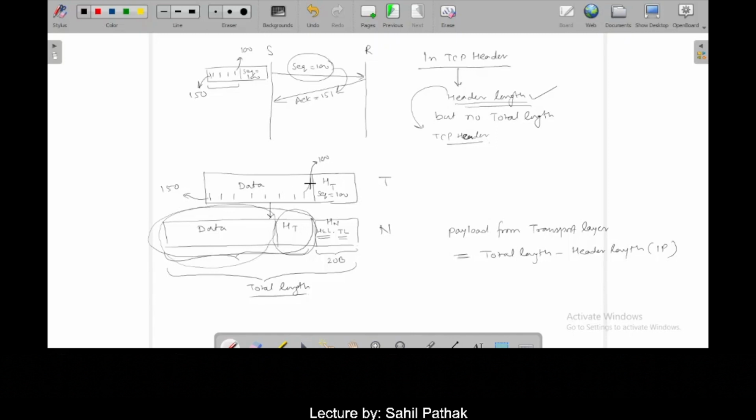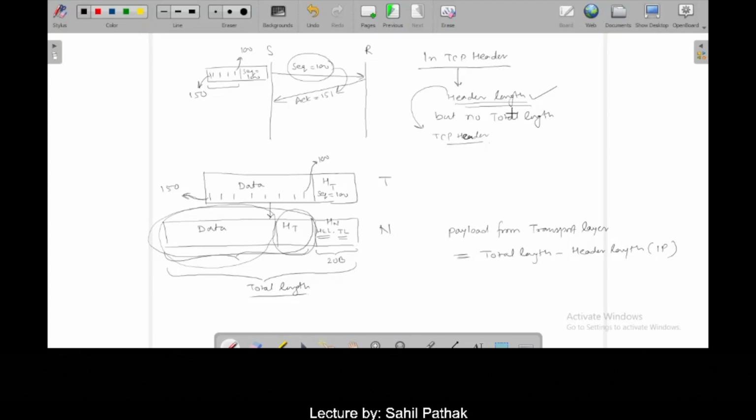And by looking at the first sequence number, if I have the length of data or length of this message, we can calculate the sequence number of the last byte, and by adding +1 we can calculate the ACK number.